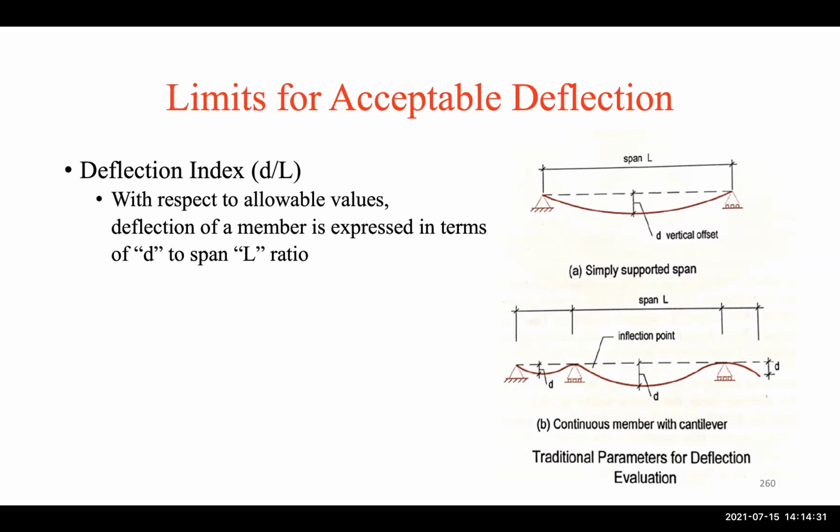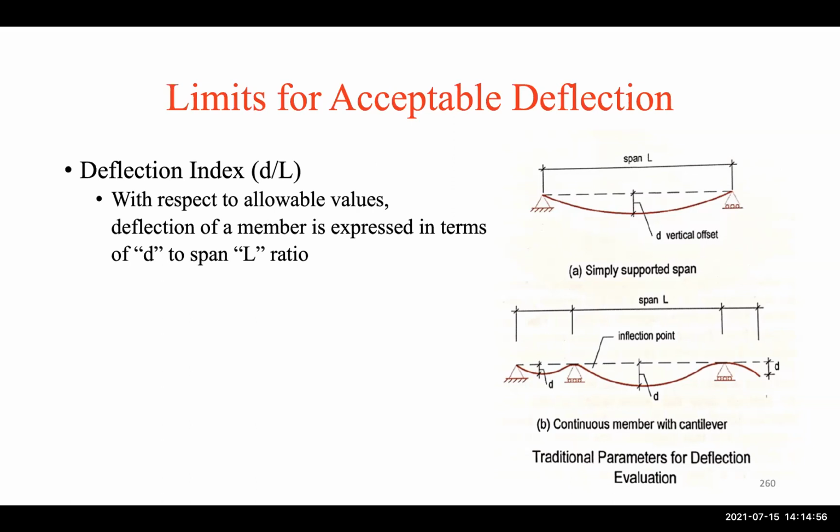And these days, of course, we all use computer programs. Most computer programs give you the start, not everything, but the start on how to do that. And of course some simplified methods. Typically we use a deflection index D/L, which depends on the span, typically the vertical offset from the zero line.